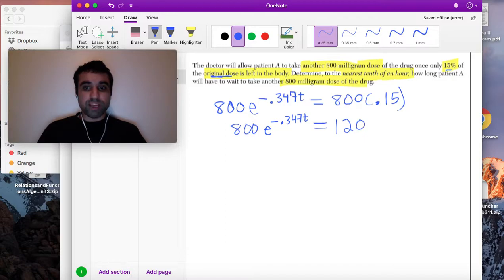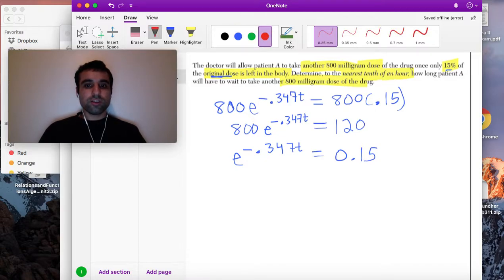Divide both sides by 800, and you're just going to get 0.15 again. Now, in order to undo raising e to a power, we take what's called the natural log. So if I take the natural log on both sides, the e will cancel out, and I'm going to get just the exponent, negative 0.347t, is equal to the natural log, which is just log base e, of 0.15.